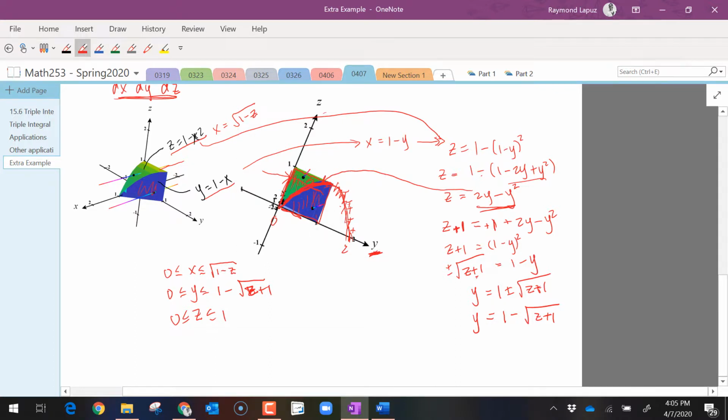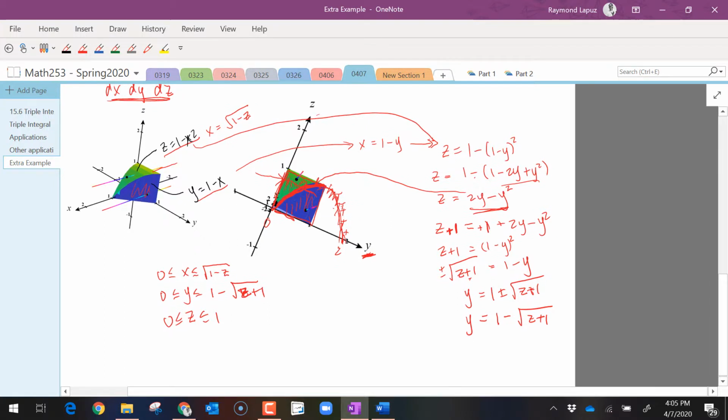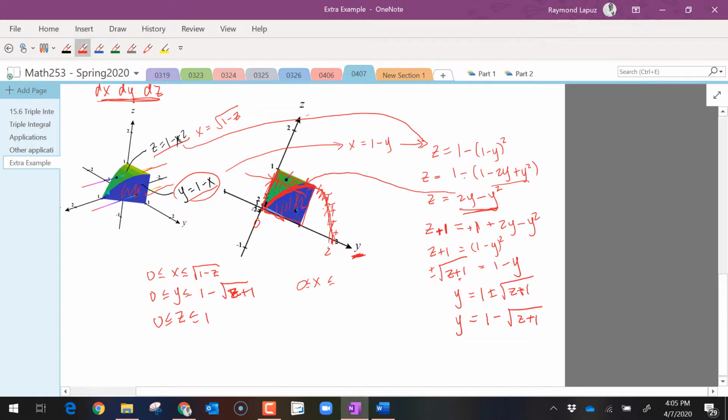And so the blue part of the integral says that our x is going to go from 0 to this graph. So we need to solve for x. That's 1 minus y. And then now two-dimensional, we're going to look at this graph over here. So with respect to y, draw a line parallel to the y-axis.